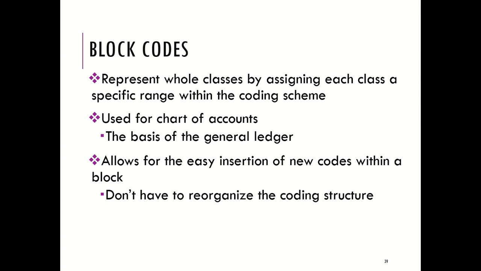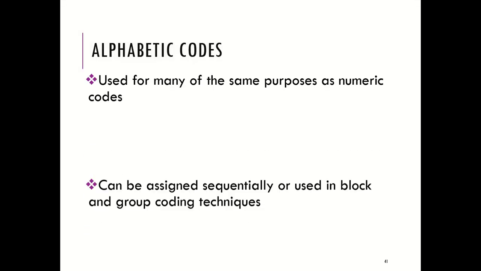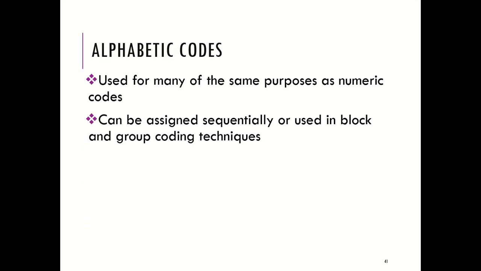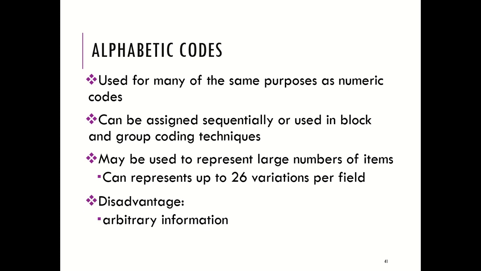I, income. Then E, expenses. So that's the alphabetic part. Then the number that follows represents a block code. 1, because let's say we had many cash accounts before. Let's say we have 10 cash accounts. So all the 1s are cash accounts. All the 2s are receivable accounts. All the 3s are inventory accounts. So it makes sense that we can combine various types of codes, either alphabetic and block codes, or even sequential in some aspects.